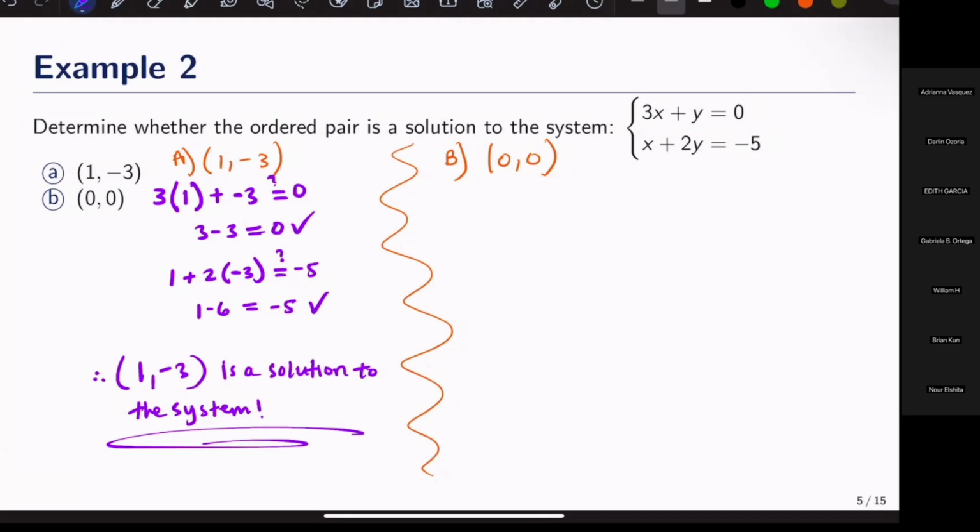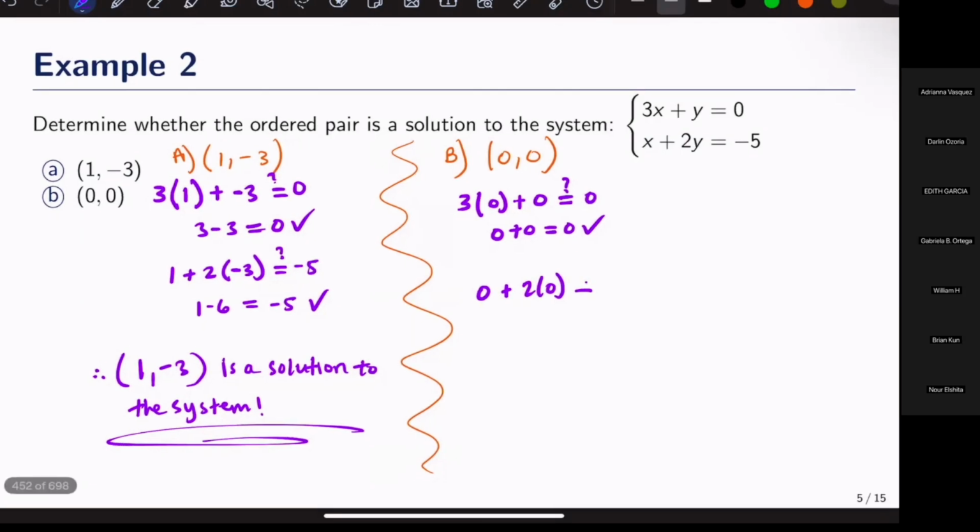Now let's look at our point 0, 0. Wherever you see an x, we're going to plug in 0. Wherever you see a y, we're also plugging in 0. 0 plus 0 does indeed give you 0. So that first equation works. Second, 0 plus 2 times 0. Does that give you -5? It does not.